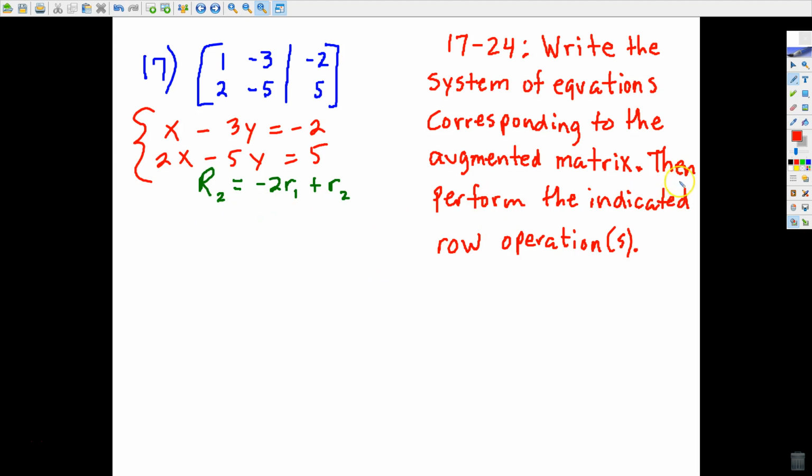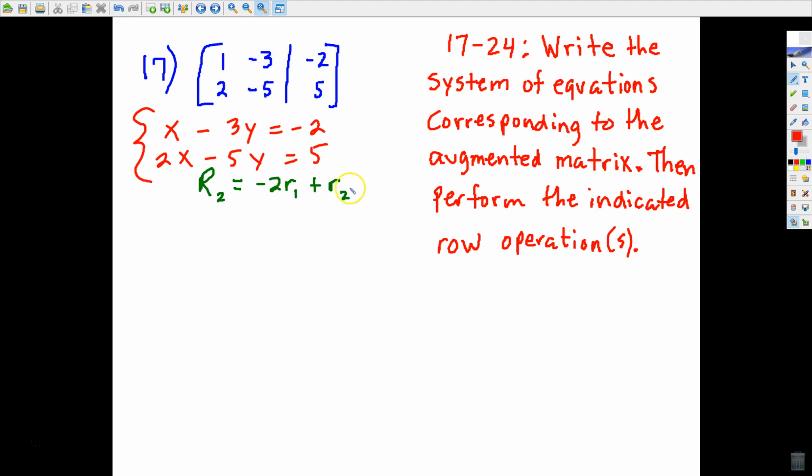Now we're going to do the second sentence. It says perform the indicated row operation. So let me give you verbiage to help you understand what this all means in green. What this means is row 2 is going to become a brand new row after we do this. We're going to multiply -2 times each element of row 1.